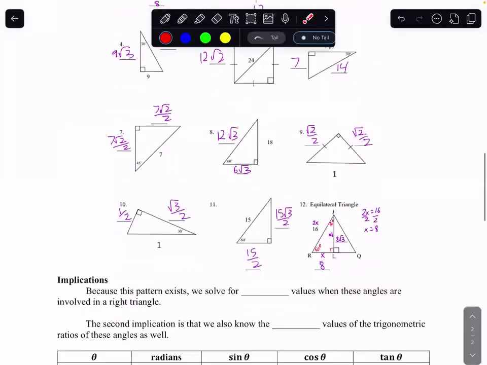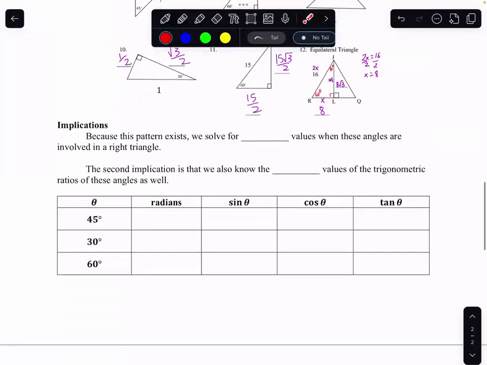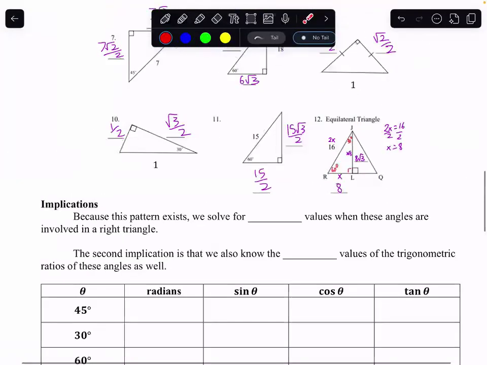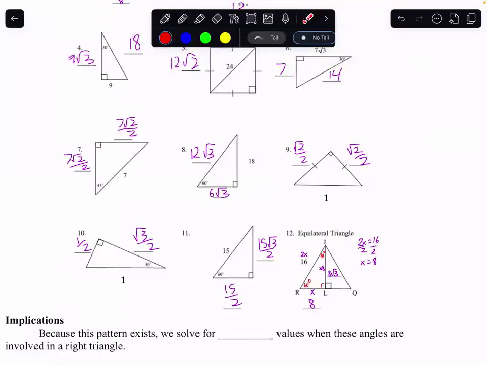Okay, so the implications of this, what we can take away from this. Remember, the whole point of similar triangles is that the ratios, the side length relationships, stay the same. Even if the actual triangles are bigger or smaller, the ratio is the same. So for the 30, 60, 90, the longest side is always double the shortest side.